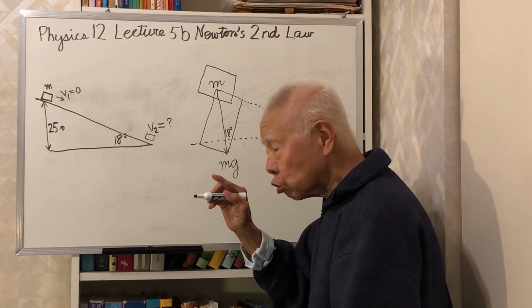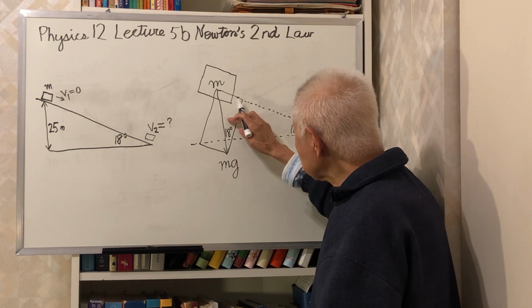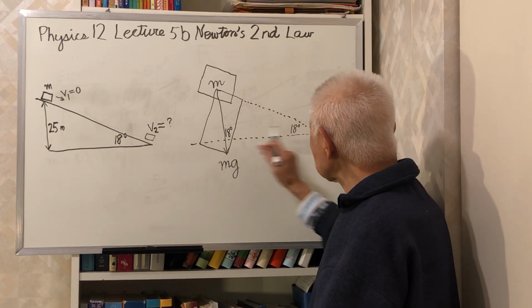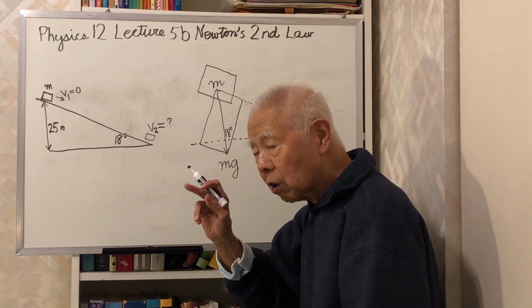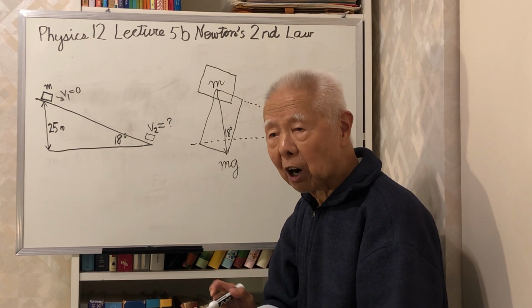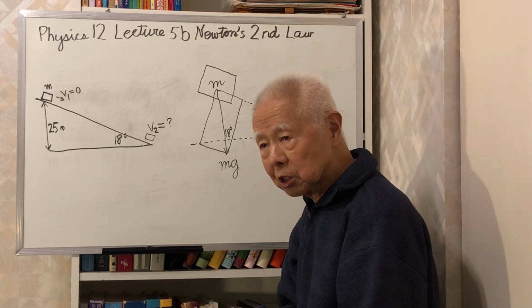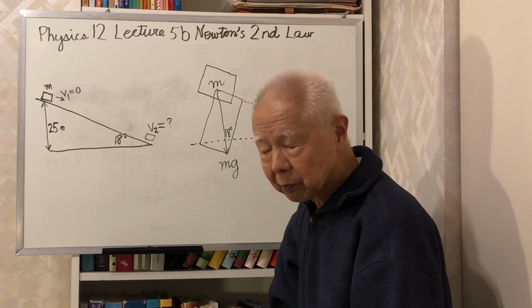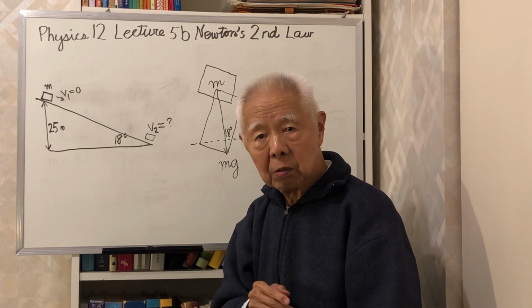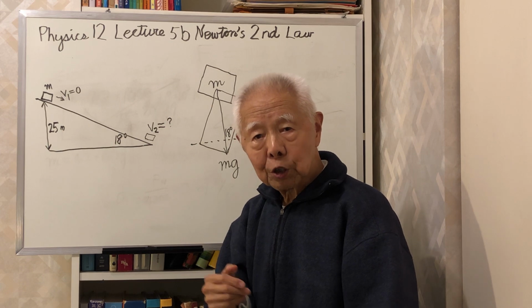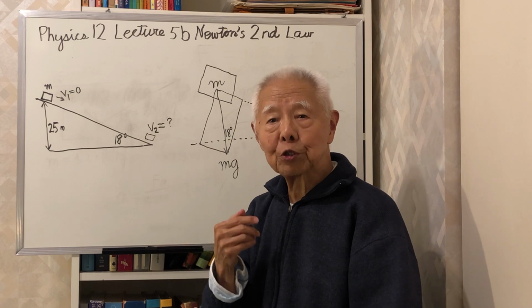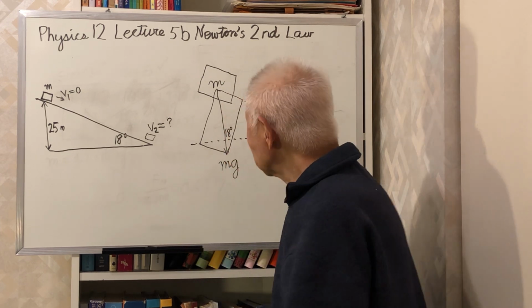The two sides of this angle are perpendicular to the two sides of this angle. Therefore, the two angles are equal. We have talked about this before, so remember this. It's very useful. If the two sides of one angle are perpendicular to the two sides of another angle, then these two angles are equal.